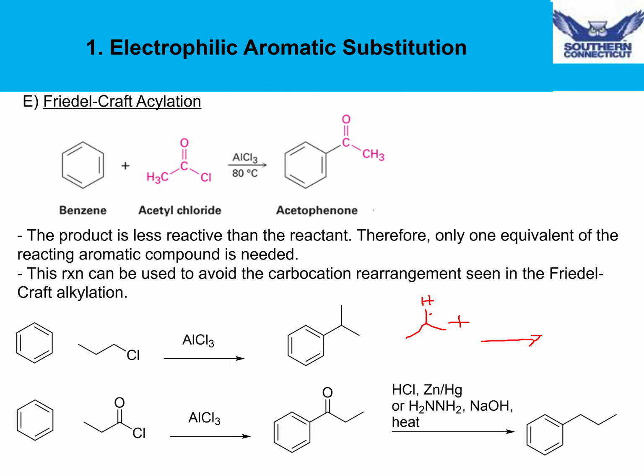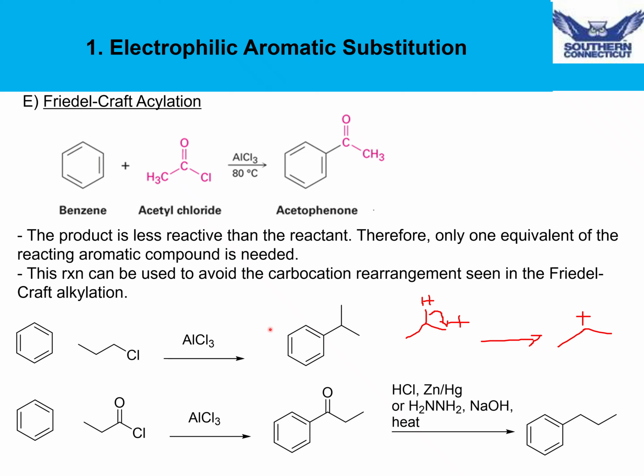So if this hydride moves over to this carbocation, we will now have a secondary carbocation, and if that gets attacked by benzene, we end up with this isopropyl group instead.